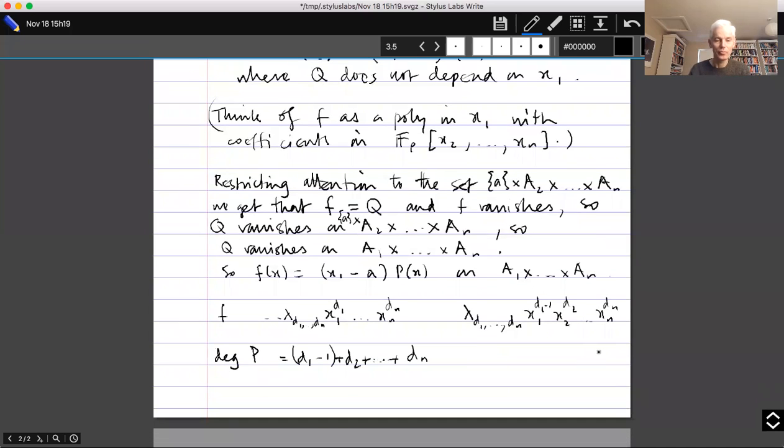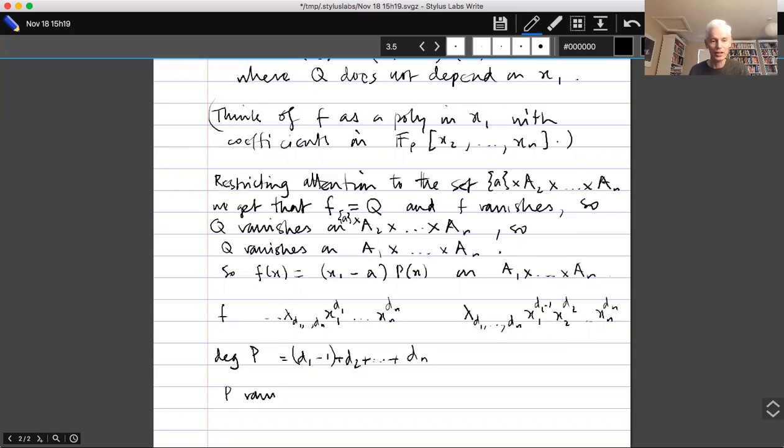And last thing to observe is that because f vanishes on all of this set, and x1 minus a does not vanish except when x1 equals a, we can deduce that p vanishes on A1 minus a cross A2 cross up to An.